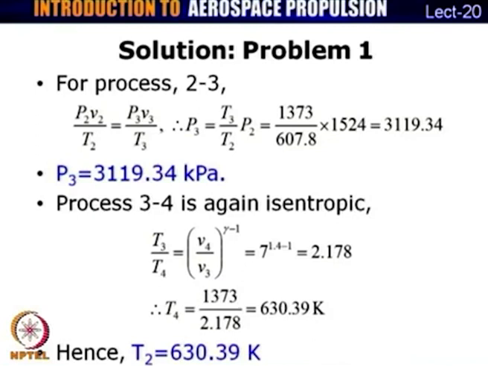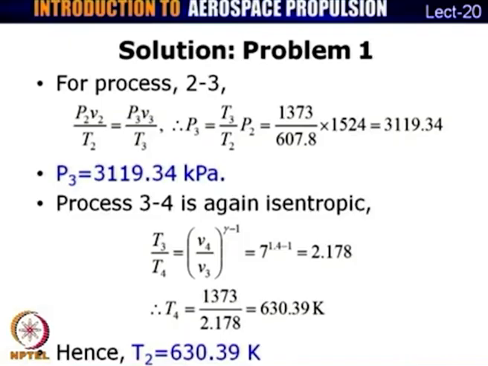Since it is a constant volume process, V2 is equal to V3. Therefore, P2 by T2 is equal to P3 by T3, and therefore, P3 is equal to T3 by T2 into P2, and all these parameters are already specified. We know temperature at state 3, which is 1373, temperature at state 2 that we have just calculated, 607.8, and the pressure at state 2, which was 1524 kilopascals. Therefore, we can determine P3 as 3119.34 kilopascals.